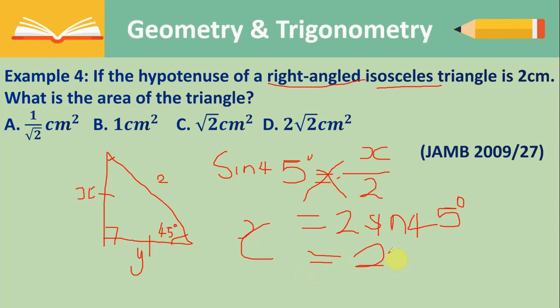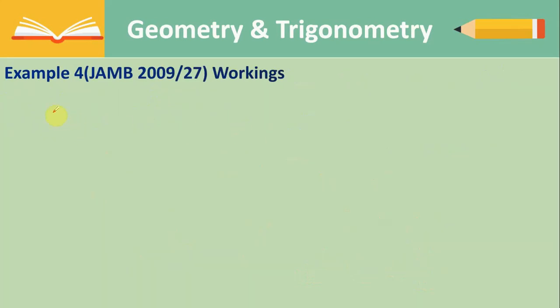So I have 2 times 1 over root 2. When you get this, your answer for x is 2 over root 2. And if you remember, we can't leave it like this.